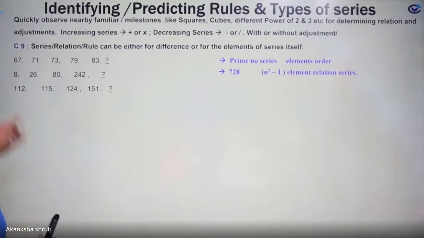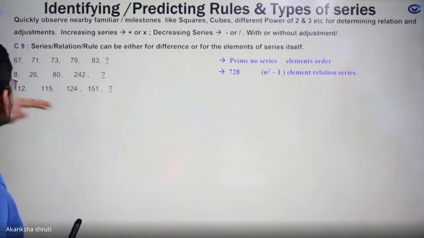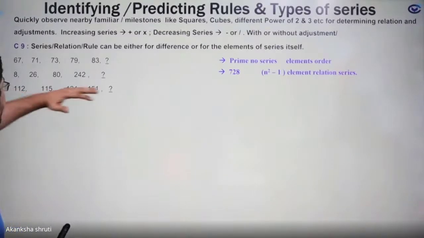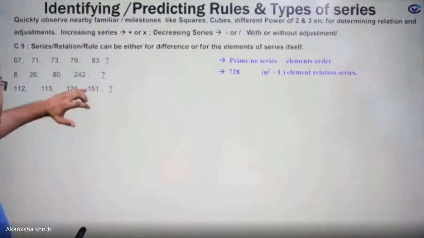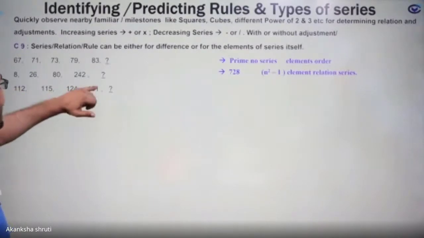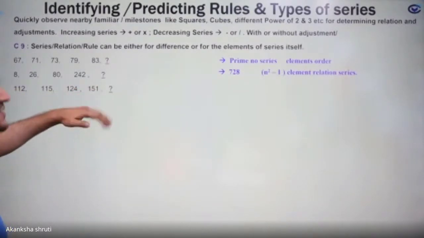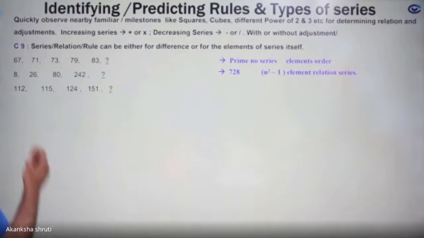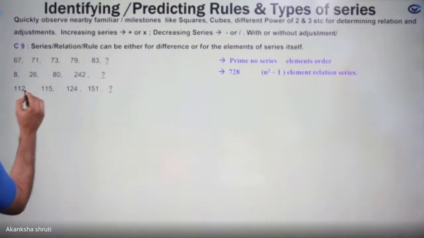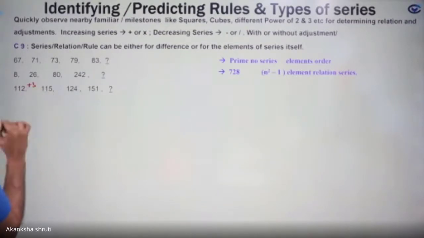Here we are observing that this series is not jumping or increasing very rapidly. Therefore, we shall try with their differences first. So let us take the difference. 112 and 115: 115 minus 112 is obtained by plus 3.